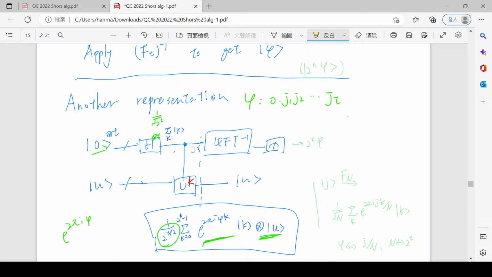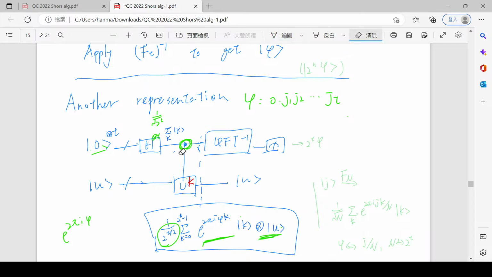So we control, so here this is a little ambiguous. What we are doing here is a different kind of control. Before, when we said control, we only ever controlled on 1 bit.